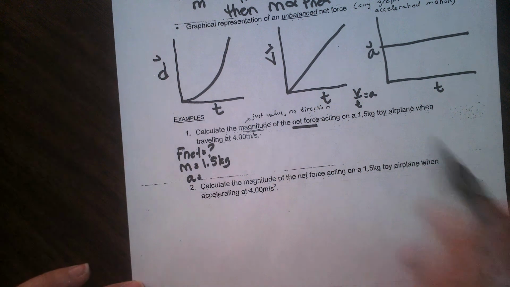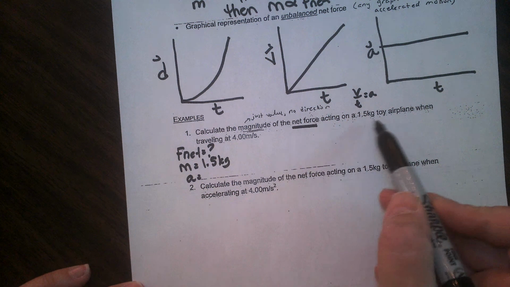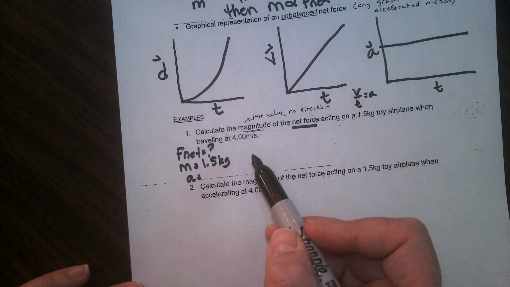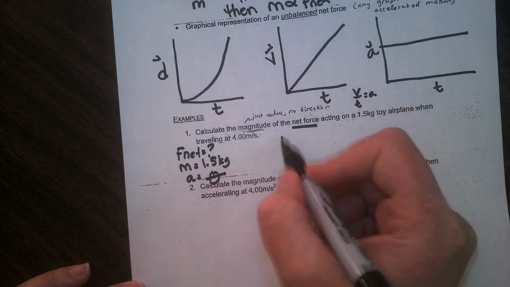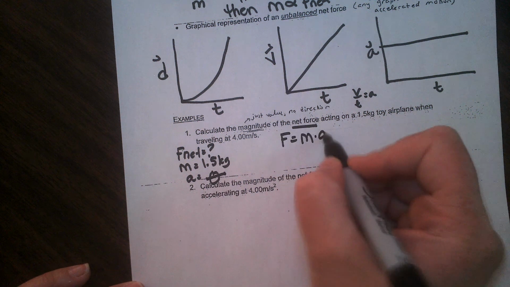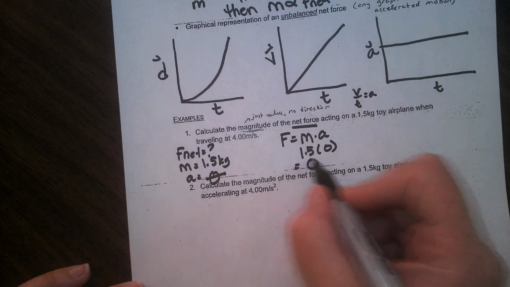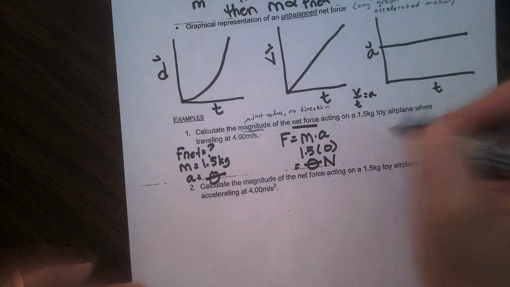Calculate the magnitude of the net force acting on a 1.5 kilogram toy airplane when traveling at 4 meters per second. My velocity is constant. Do I have acceleration? No. So force is equal to mass times acceleration, and anything multiplied by 0 is 0 newtons. Okay?